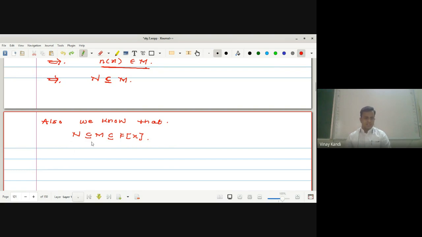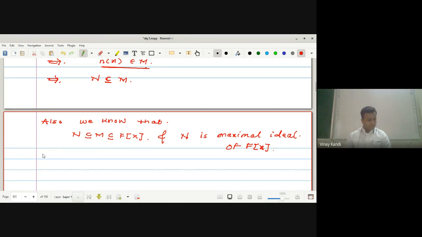Here N is contained in M is contained in F of x, and this capital N is a maximal ideal. By the definition of maximal ideal, N is a maximal ideal of capital F of x.